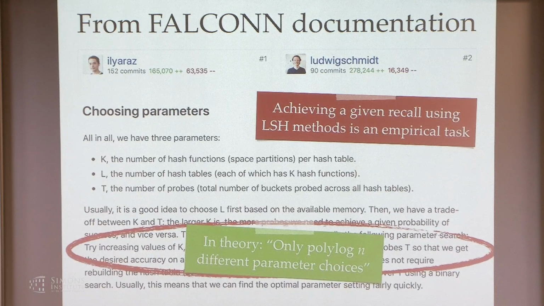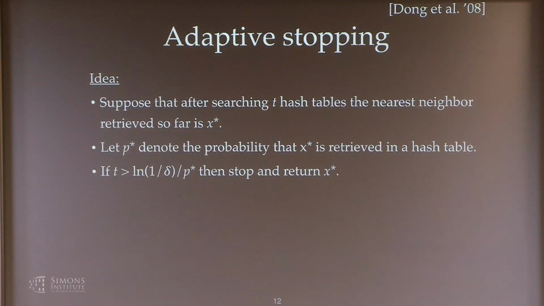So one such technique, and this is only something that I discovered recently, was described 10 years ago by Dong et al. So it's in an applied conference. But there is this section that describes something called adaptive stopping.